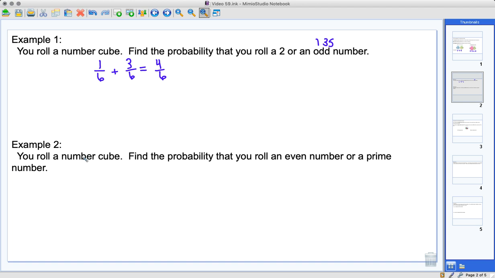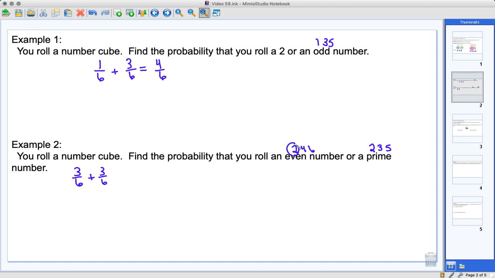Second one, you roll a number cube. Find the probability that you roll an even number, so that's 2, 4, and 6, or a prime number, which is 2, 3, and 5. So probability of an even is 3 out of 6, plus probability of a prime is 3 out of 6.